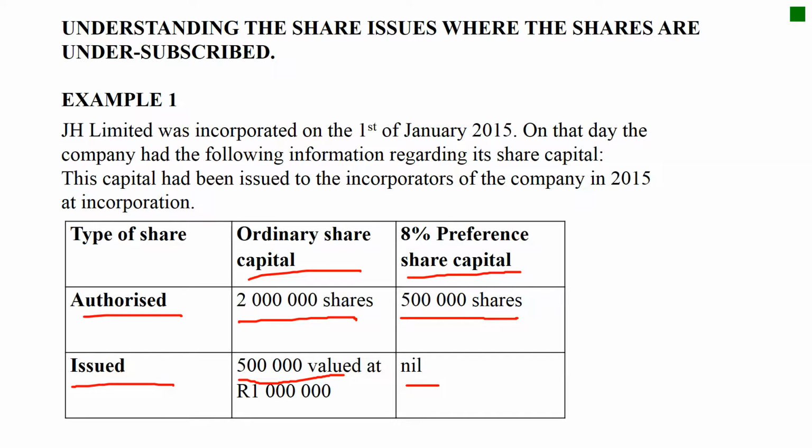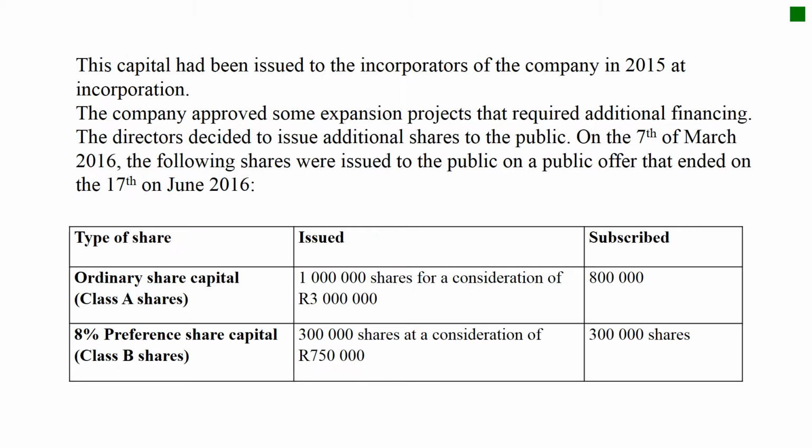Now, regarding the issued ordinary share capital, this capital had been issued to the incorporators of the company in 2015 at incorporation. The company approved some expansion projects that required additional financing. Therefore, the directors decided to issue additional shares to the public.